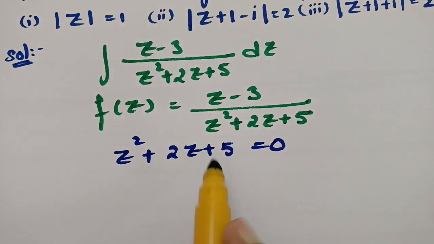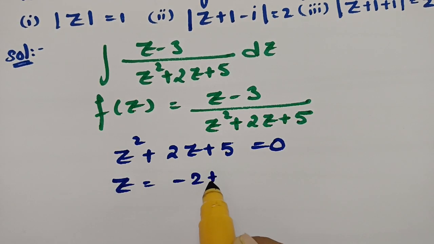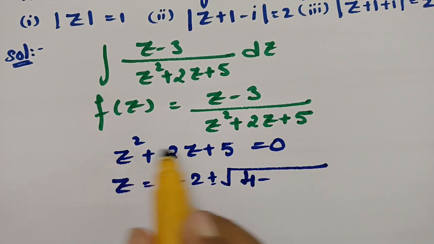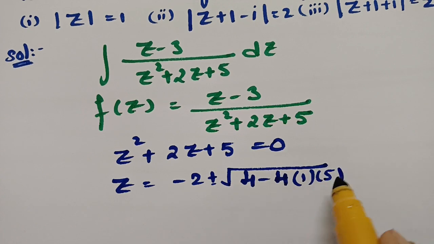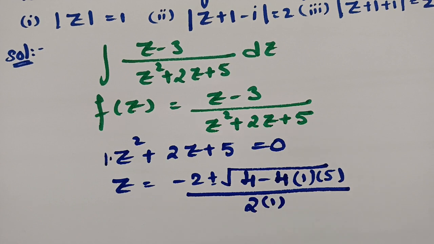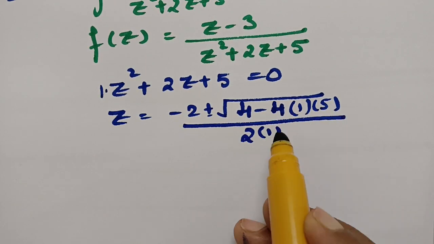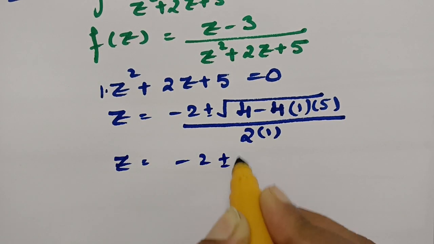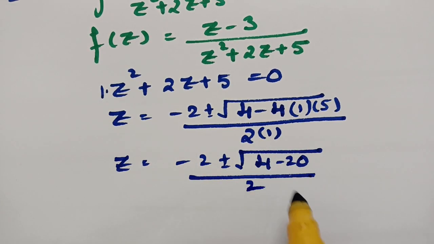As there are no real factors, we get z equal to minus b plus or minus root of b squared minus 4ac, by 2a, where a is 1. Clear?